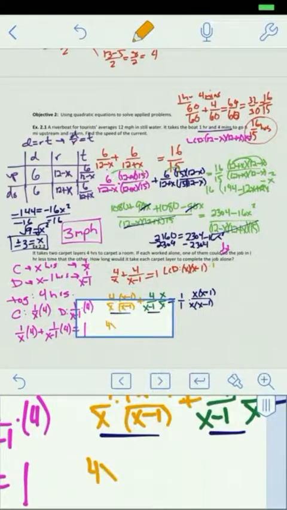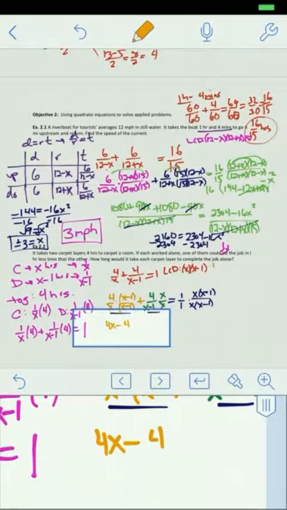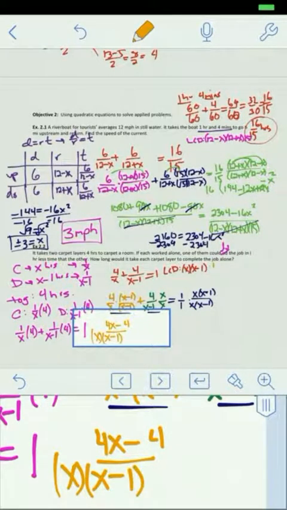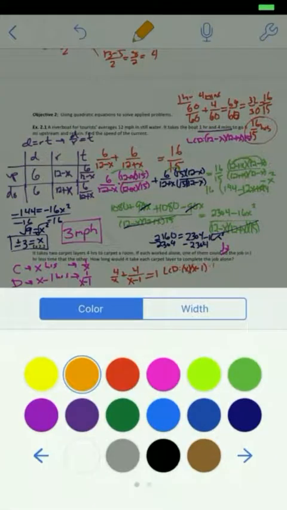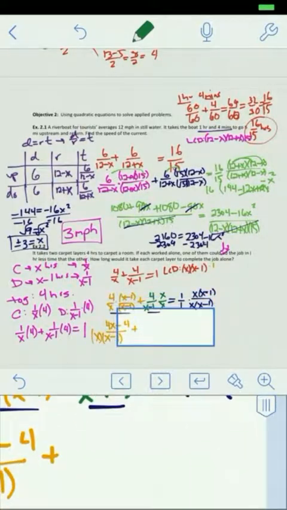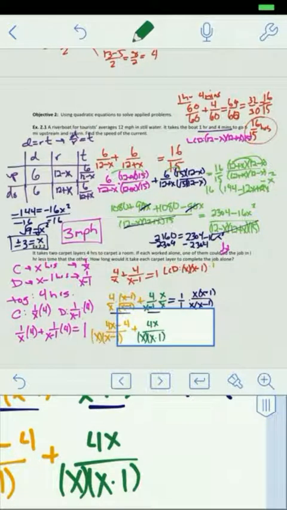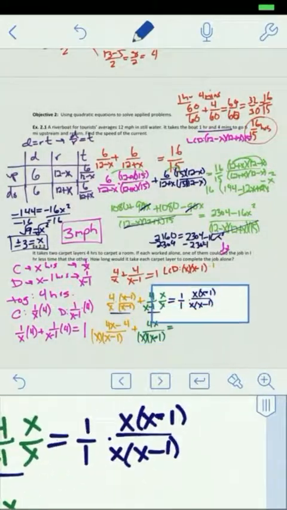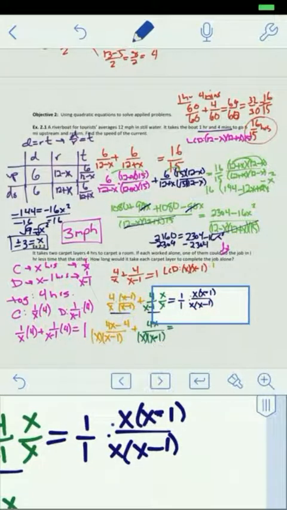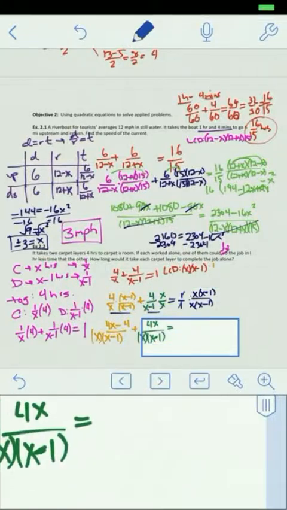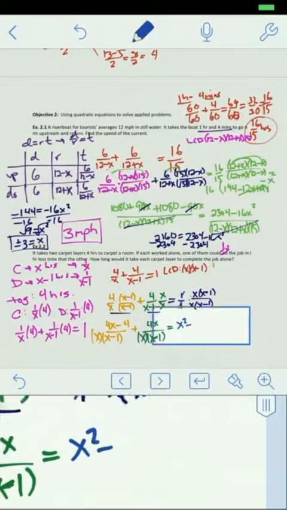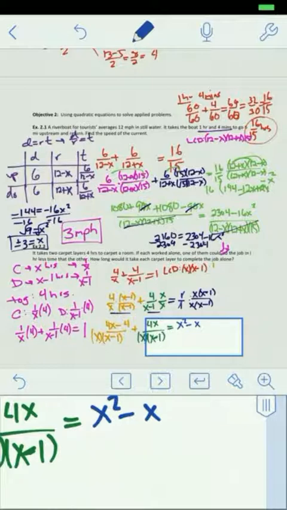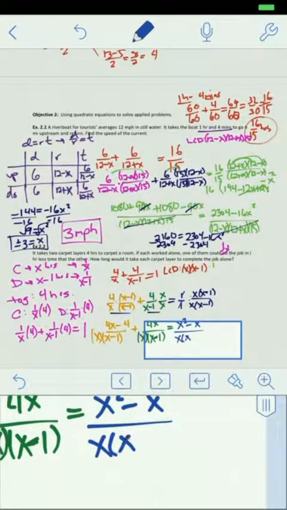We get 4x minus 4 over x times x minus 1, plus, that was Carla, Dan would be 4x over x times x minus 1. And then on the other side, x times x would be x squared, minus x, times negative 1 would be negative x over x minus 1.